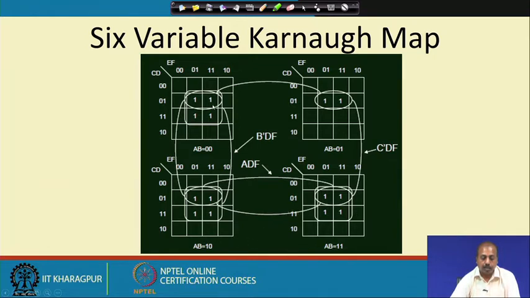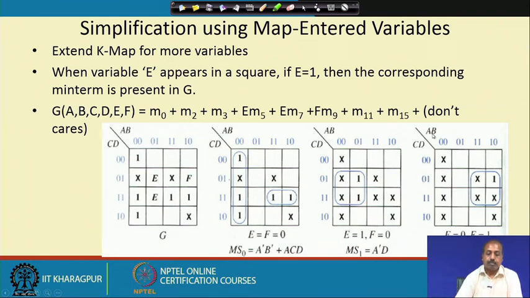But you cannot combine this quad with this quad, because here A B is 0 0 and here A B is 1 1, so both the variables are changing their polarities. You can combine quads at the same locations of two maps which vary in only 1 bit.